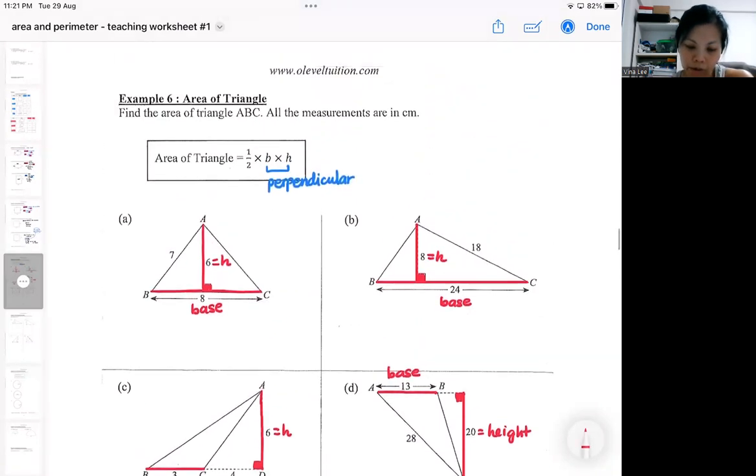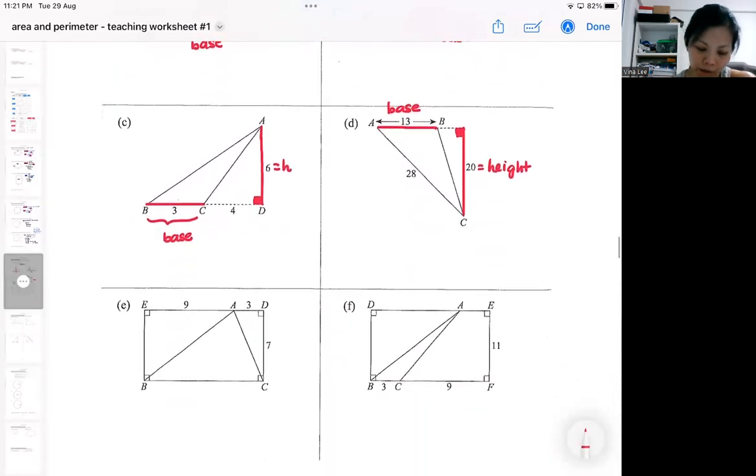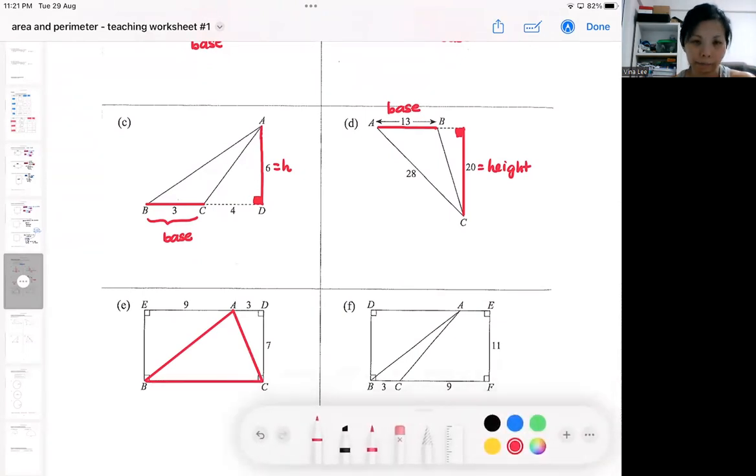The question is asking you to find the area of triangle ABC. So this is ABC here. Where is the height?